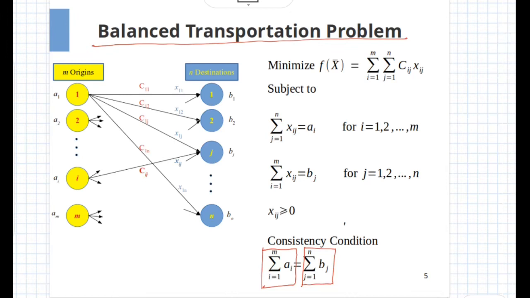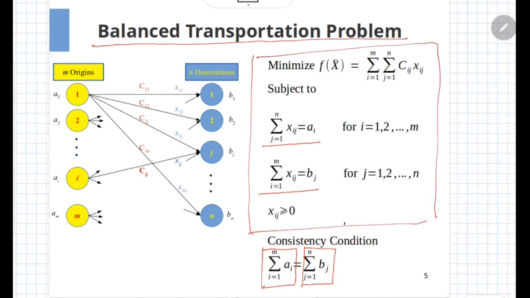So in this particular case, all the inequality constraints get converted into equality constraints, and this is known as a balanced transportation problem. But as we can imagine, this is rarely going to happen in real life. So we need to have some approach which will convert these inequality constraints to equality constraints, so that the problem is in the standard linear programming format, and then we can apply the methods which are available. So let's consider two scenarios.